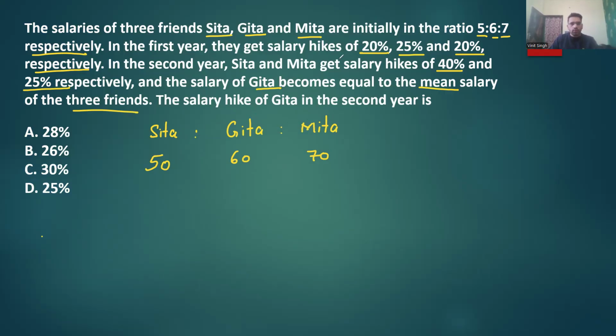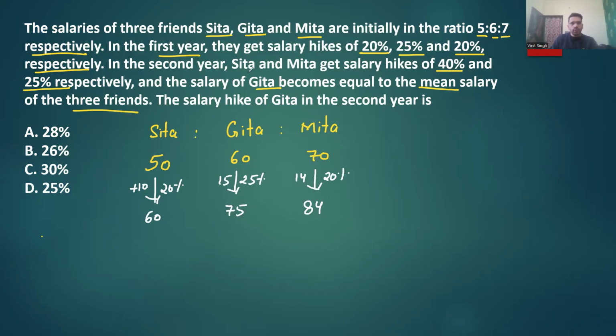So in the first year, they get a salary hike of 20%. 20% of 50 is 10, so it becomes 60. Now Geeta will get 25%. 25% of 60 is 15, then 75. And 20% for Meeta: 20% of 70 is 14, so it's 84.